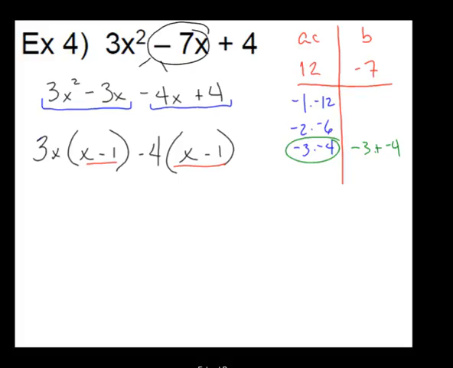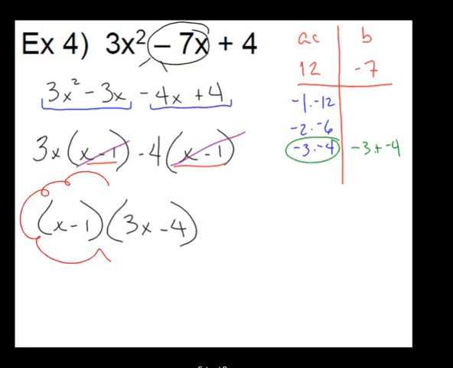So I now have x minus 1. Those have come out. I am then left with 3x minus 4. And you're done. So 2 different ways of factoring trinomials when our a is greater than 1.